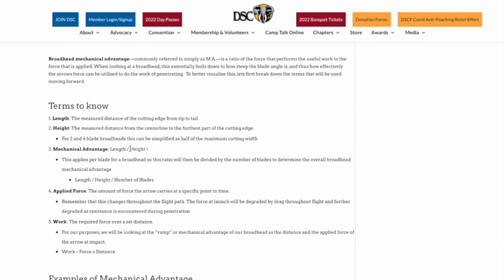statement. "Applied force, the amount of force the arrow carries at a specific point of time." And this is one of my pet peeves, and this is one that the Ashby Foundation, proponents of Ashby's work, and Ashby himself gets wrong all the time. Force is not something that is carried by a body. You don't have force, I don't have force, an arrow doesn't have force, a bow doesn't have force, nothing has force.